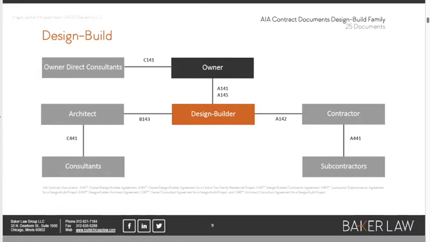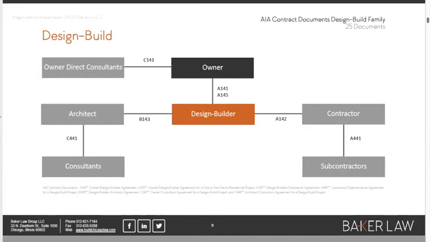And there are trade-offs associated with this. The owner is not, in a project delivery method like this, going to get the benefit of the architect making site observations and reporting back to the owner on the quality of construction. And it's not going to be certifying pay applications and doing the other things that are discussed in the A201, because that's the fundamental trade-off.